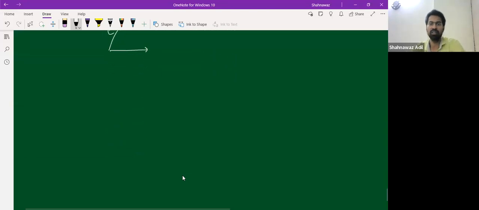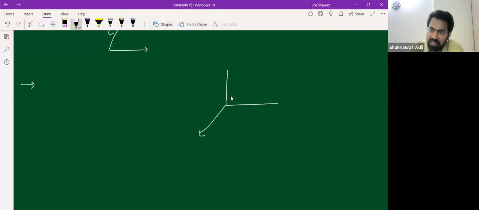And as I talked about the universal unit vector, we now know that we can represent the position of any vector. Let's say this is point X, point Y, and point Z. So we can represent any vector in this form.